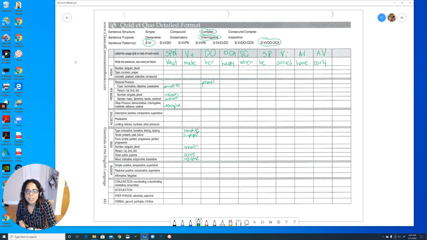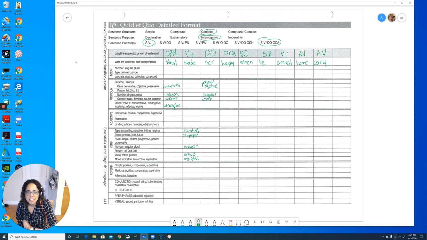So let's see, number. We're going to put singular. And we know that it's the objective case. Okay. It's the direct object. So it's the objective case. We can answer that question. And we also know that it is feminine, right?